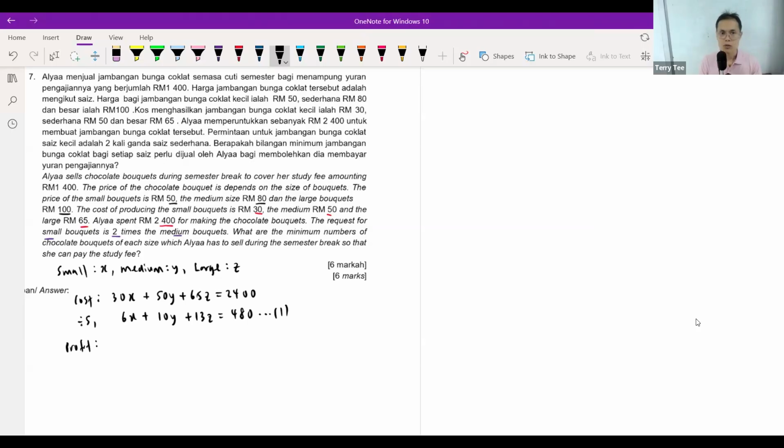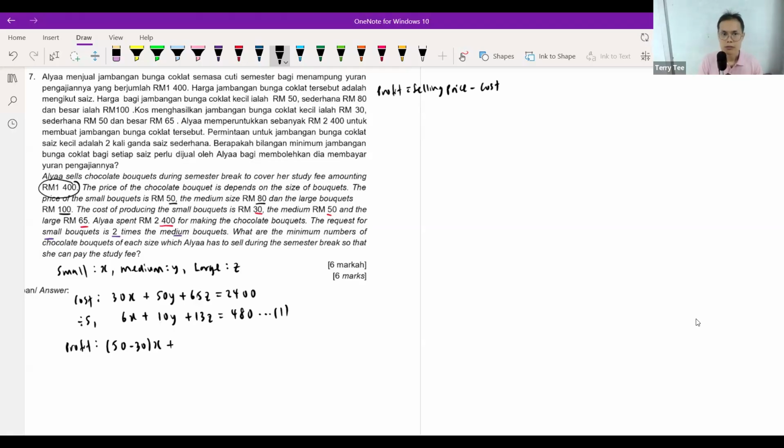Now, the second one is your profit. Why do we have to use profit? Because she wants to earn 1,400, right? Remember, profit is your selling price minus your cost. Your selling price for each small bouquet is 50 ringgit, minus your cost, 30 ringgit, multiplied by x, where x is the number of small bouquets that you sell.